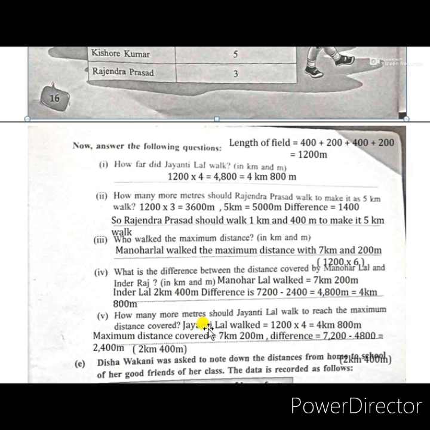Manohar Lal's walk is 7 kilometers 200 meters minus 4 kilometers 800 meters. After subtraction we get the answer 2400 meters, or 2 kilometers and 400 meters. So what is the difference between the walk of Manohar Lal and Jayandilal? 2 kilometers and 400 meters.